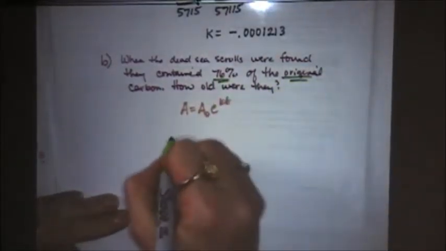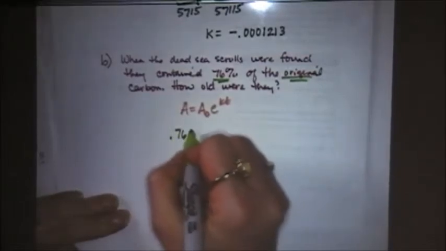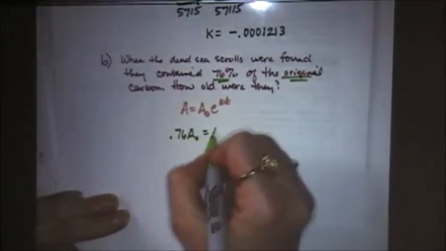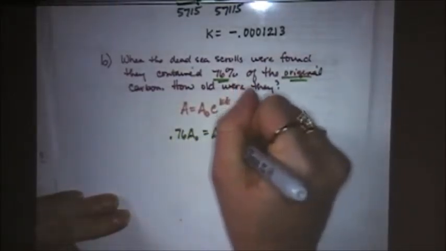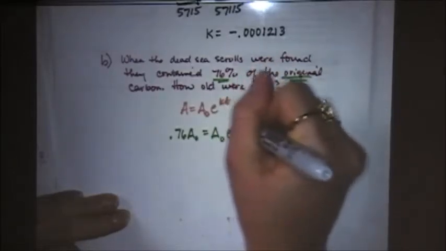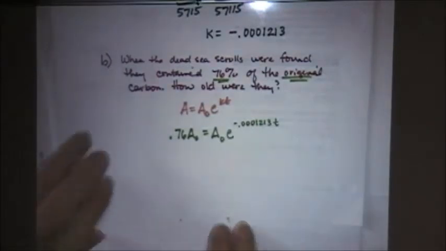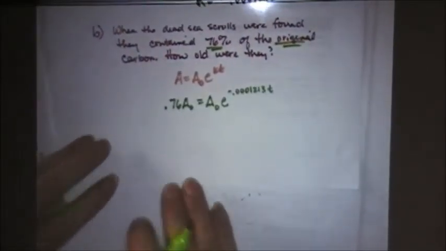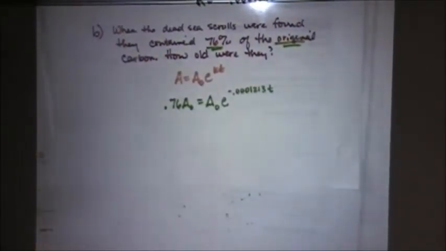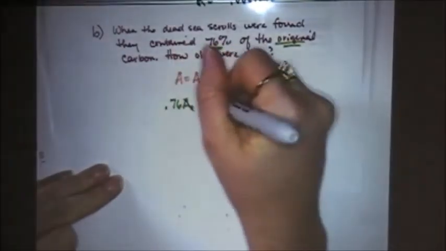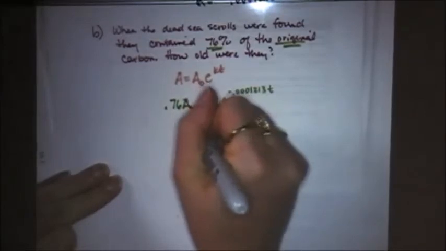So I can put 0.76 of A-naught has to equal A-naught e to the negative 0.0001213 t. And now I'm solving for t. And just like what happened earlier on, my A-naughts will just cancel right out. And I have 0.76.